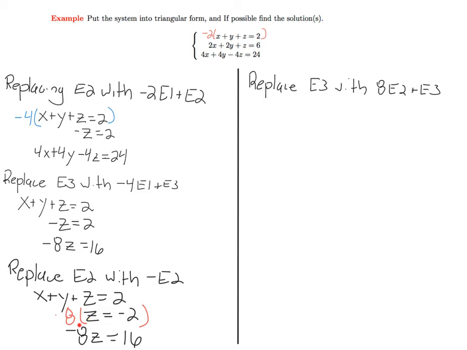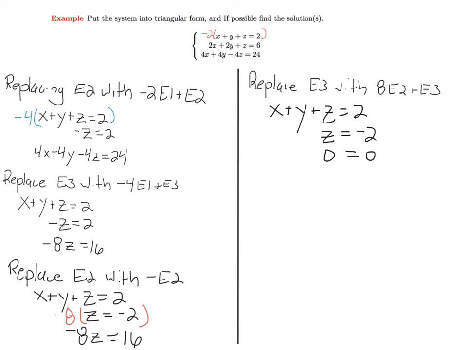So the 8z and the minus 8z cancel each other, and that gives me 0 on the left side, and the 8 and the minus 2 gives me minus 16, and that also cancels the 16 over here. So the top equation is x plus y plus z is equal to 2. The second equation we have is z is equal to minus 2, and the third equation now becomes 0 equals 0, since all the terms cancel when I do this last operation.